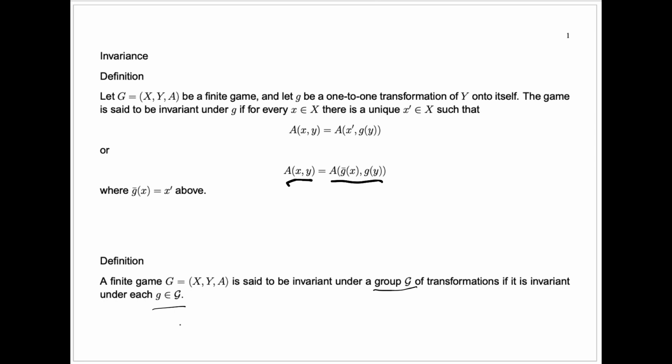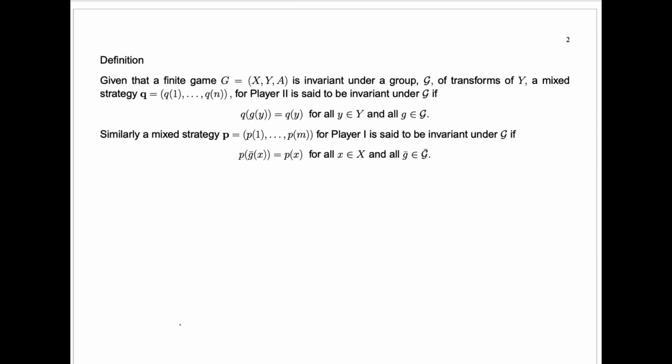Now, why would we care about games being invariant under a transformation? Well, remember, being invariant under transformation means when we reorder the elements in Y and we'll have a corresponding reordering of the elements in X under which the game behaves exactly the same. The payouts are exactly the same now after we've reordered the elements.